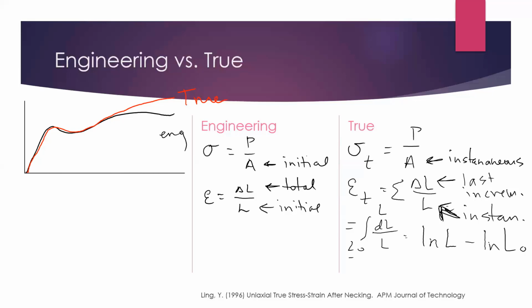We can simplify further to ln of L over L naught, which equals ln of (L naught plus delta L) over L naught.